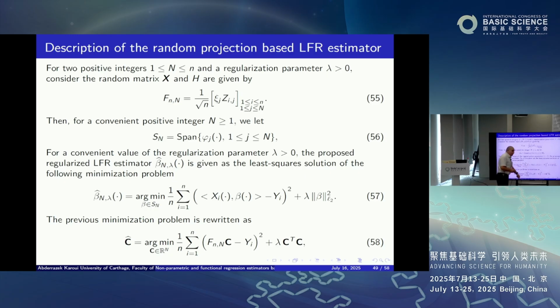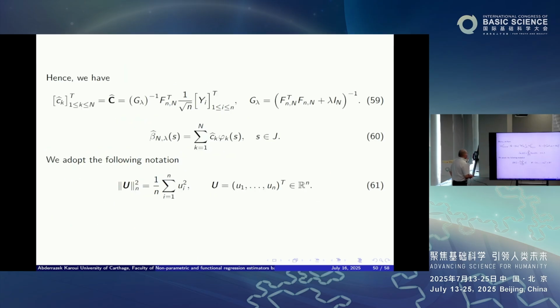But here, the X_i are copies of a random process, not random variables. And the solution of this minimization problem can be rewritten as this one. And this one is very close to what one gets for the non-parametric regression problem. It's practically the same formula.